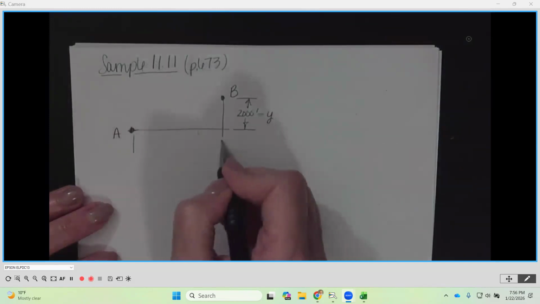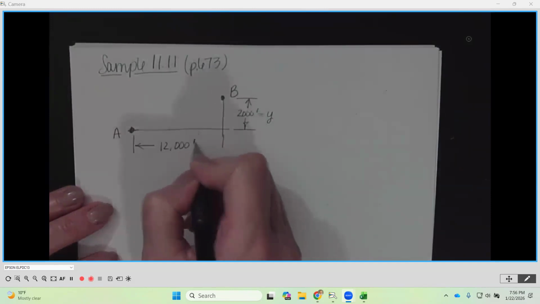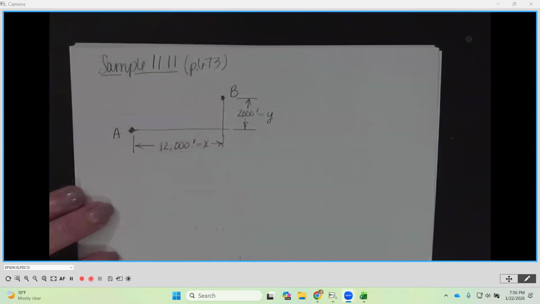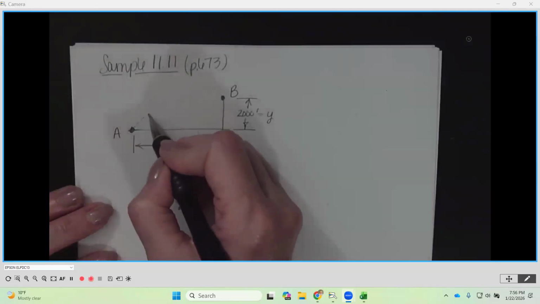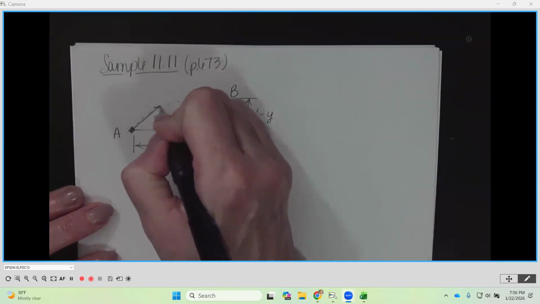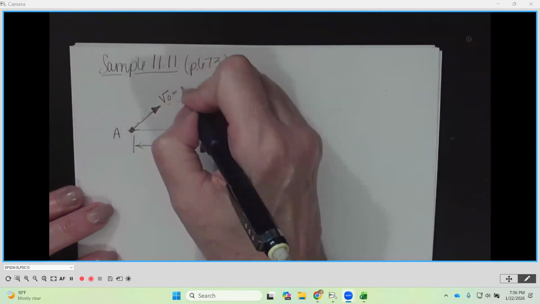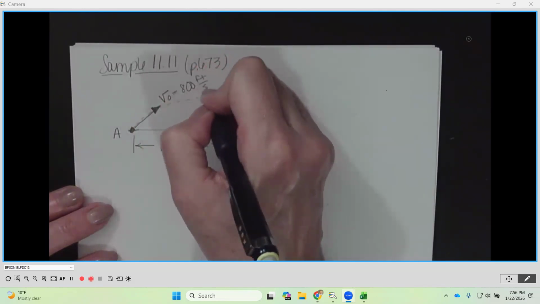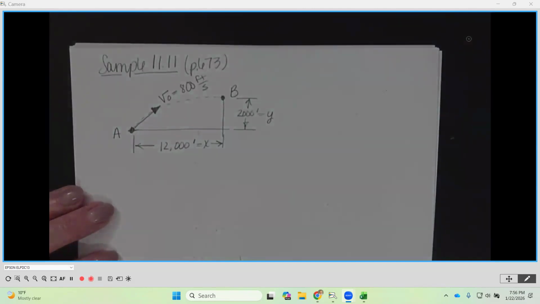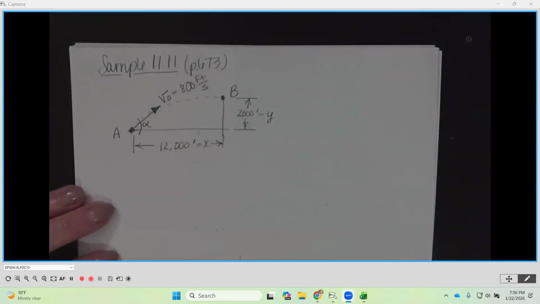And then from A to B horizontally, this is going to be 12,000 feet, and that's going to equal our x distance. We know that this is going to follow this path, something like that, which means that this is going to be shot up at an angle. The initial velocity is 800 feet per second, and we don't know the angle. So alpha is what we're going to have to find.